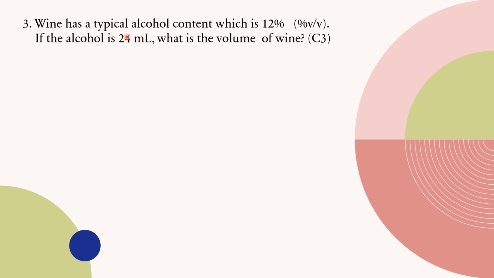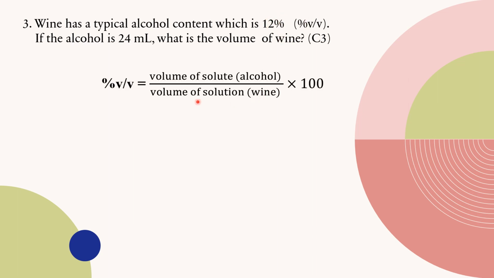So the last one, question number 3. Wine has a typical alcohol content, which is 12% by volume. If the alcohol is 24 milliliter, what is the volume of the wine? So by using the formula, percent by volume equals volume of solute, referring to the alcohol, divided by volume of the solution, which is the wine itself, multiplied by 100.